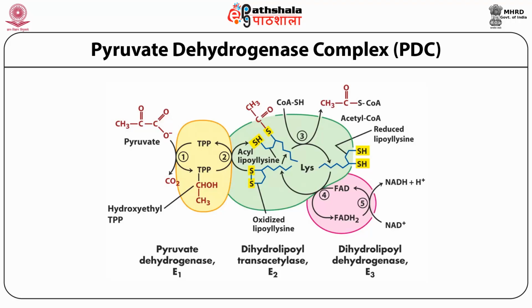So you can say that enzyme 1 pyruvate dehydrogenase, enzyme 2 dihydrolipoyl transacetylase, and enzyme 3 dihydrolipoyl dehydrogenase work in coordination to convert pyruvate into acetyl CoA.